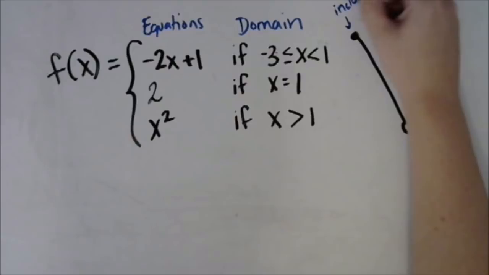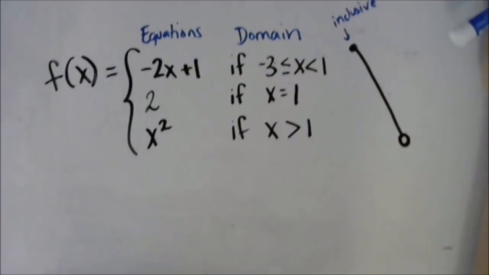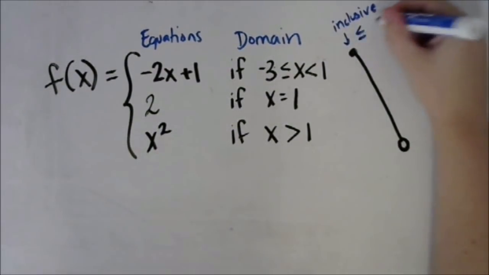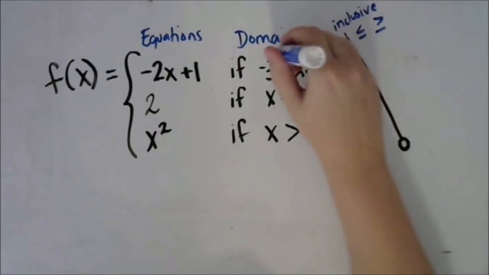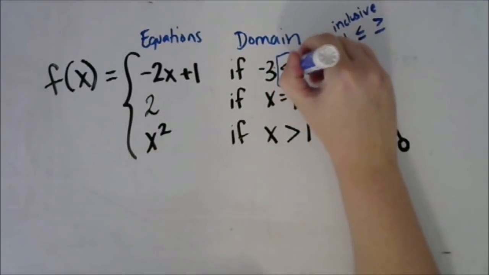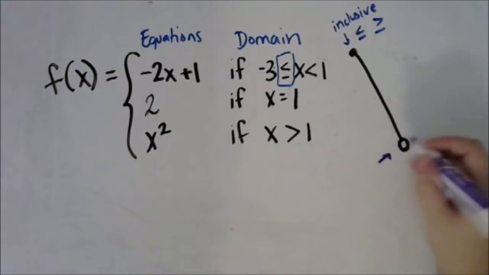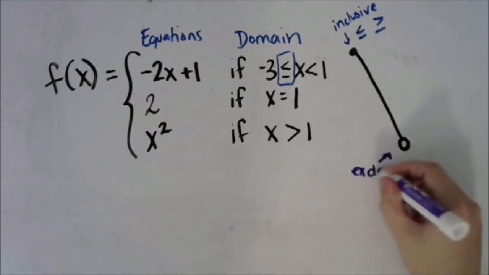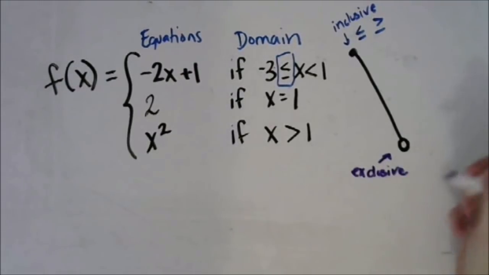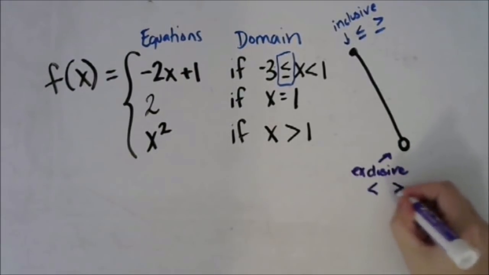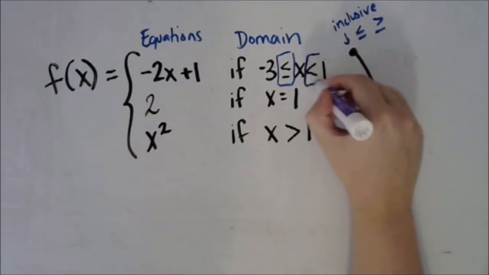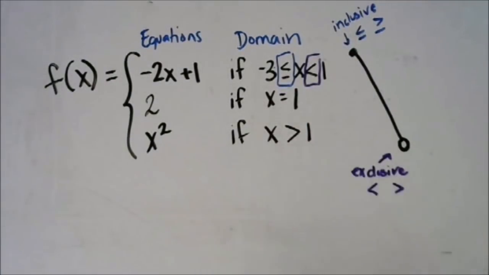It's used for any time you have less than or equal to, or greater than or equal to, which is what we have right here at negative 3. Then over on the other end of this line segment, you have an exclusive mark, which is the open circle. And this is used anytime you have a less than or greater than symbol, like we do here at positive 1.